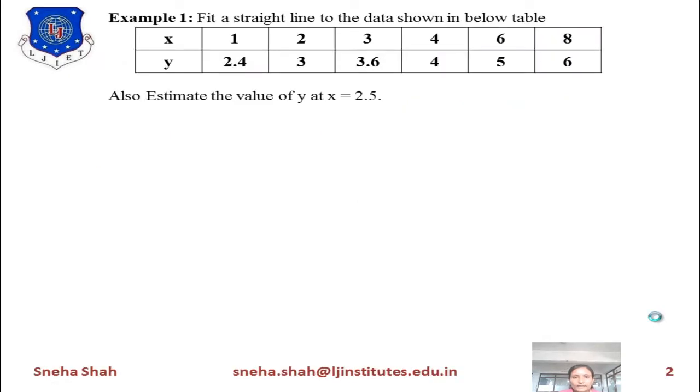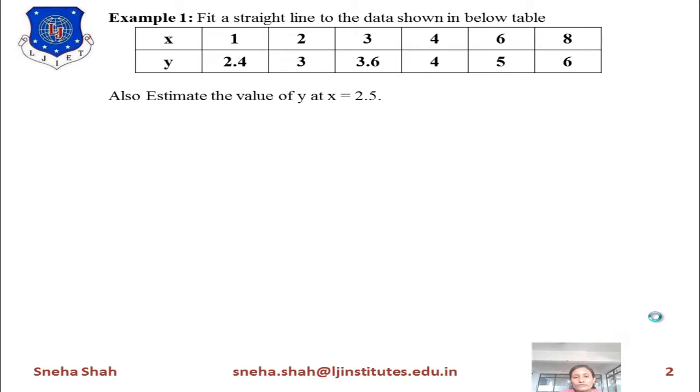The next example is: fit a straight line to the data shown in the below table. One table is given to you, in which the values of x and y are given. If the data is not given, you take a simple equation like y equals a plus bx, solve it using the normal equations to find the values of a and b, and put these values in the equation to find the final value of y.